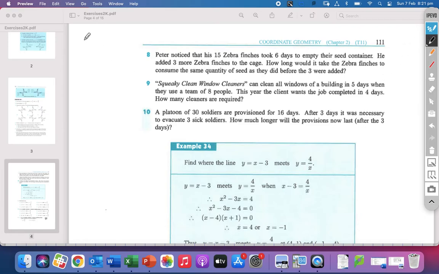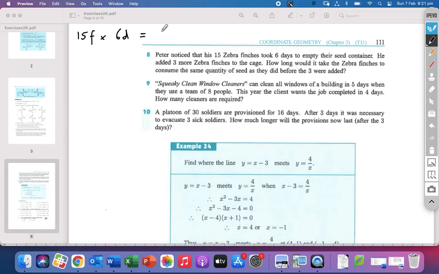Maybe not as obvious as speed with distances and times. We've got 15 finches, I'll call them F. We've got 6 days, and that's 15 finches for 6 days. That's how long it takes them to eat a full seed container.